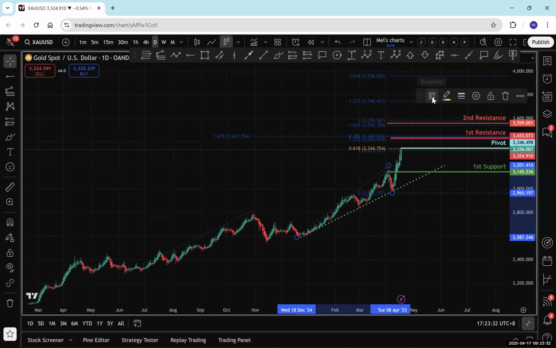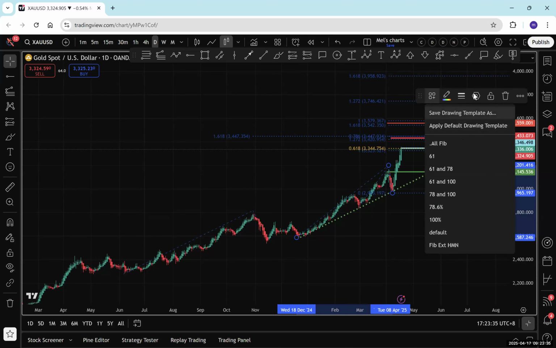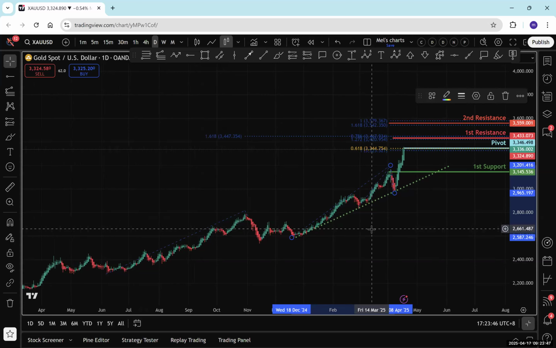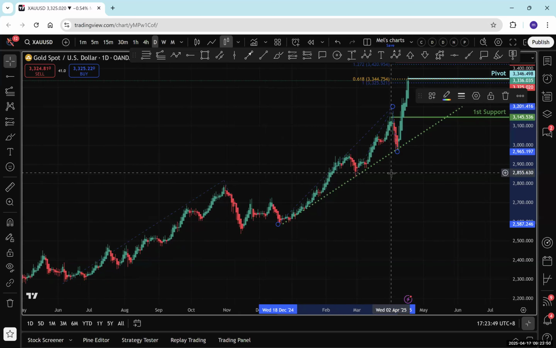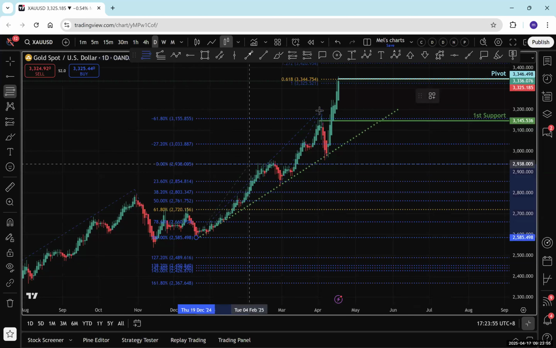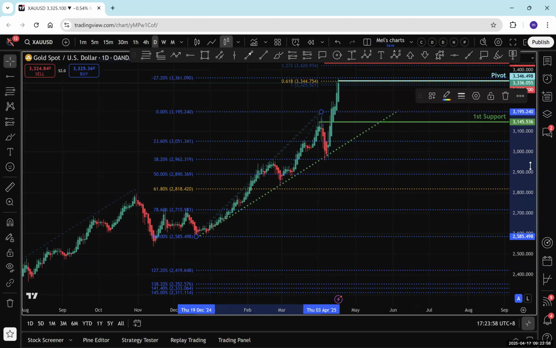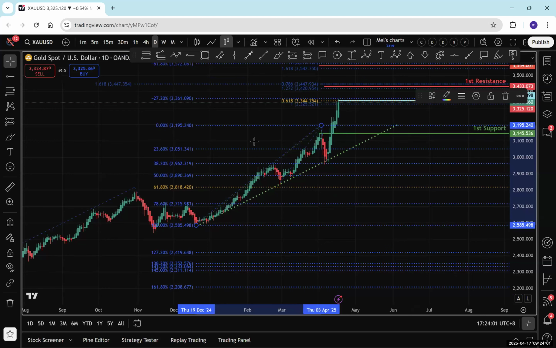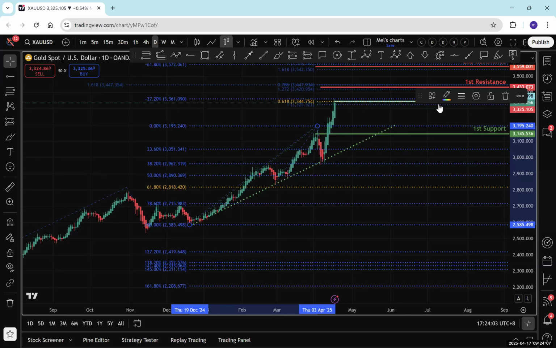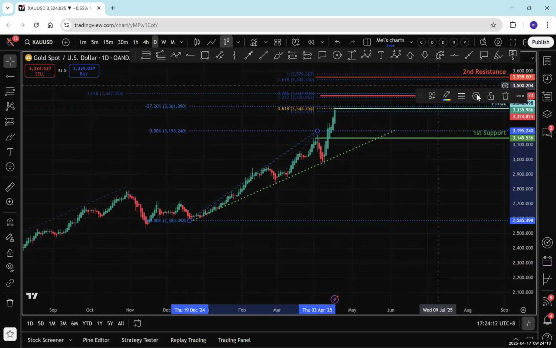The 61 to 100 line up nicely. Okay, I'm gonna go in with an expansion here. Okay, you can see that minus 27.2 and the 61 also line up. Okay, so I'll keep both of these levels.